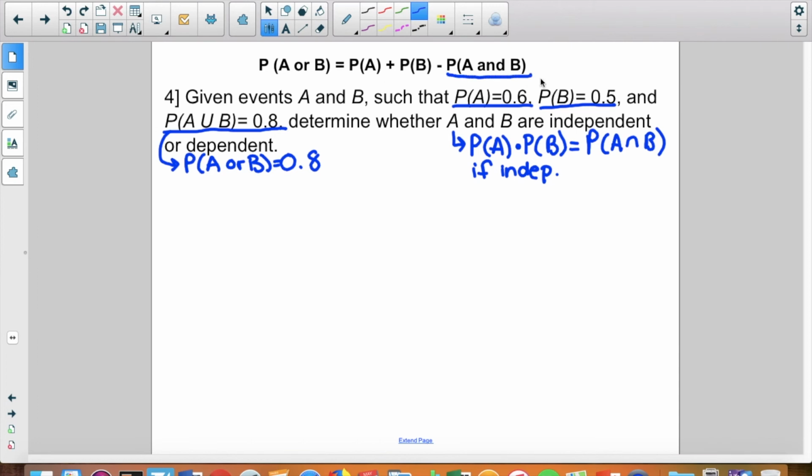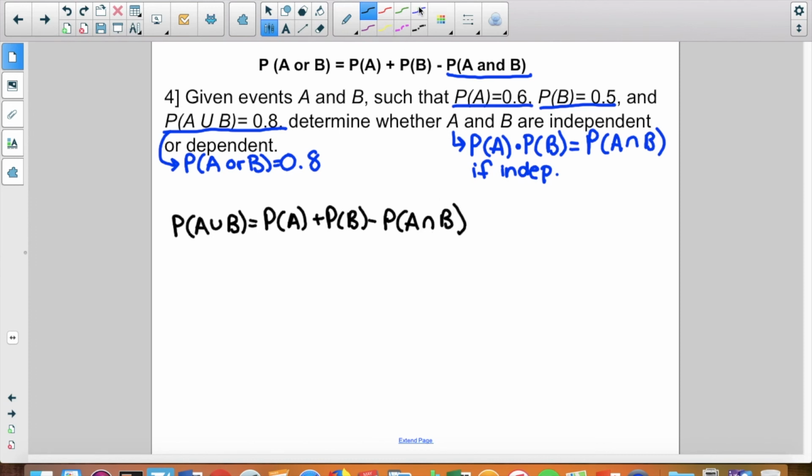So we have to solve for the probability of A and B first, and then we're going to use this information to determine if they're independent. So let's start with our equation. The probability of A or B is equal to the probability of A plus the probability of B minus the probability of A and B.